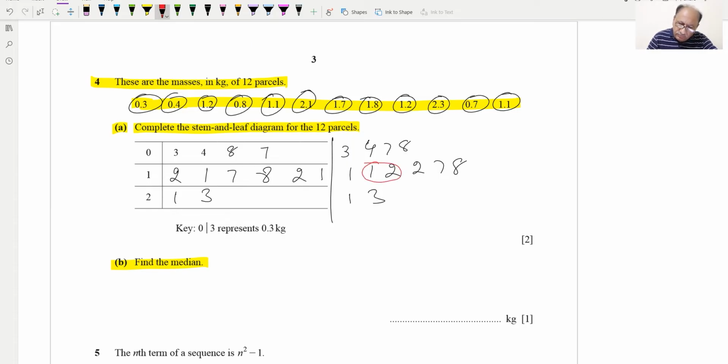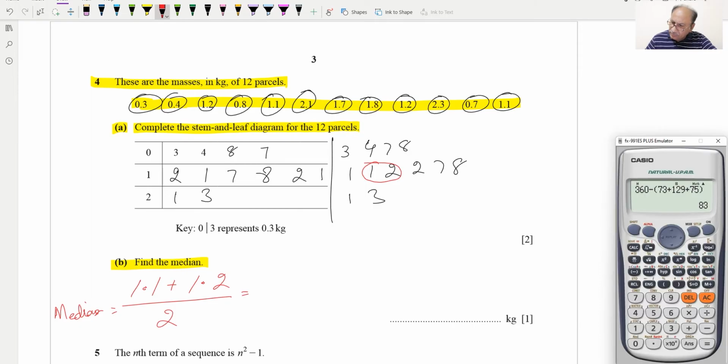These two numbers will be the middle ones. So we can add them, 1.1 plus 1.2. This 1 and 2 means 1.1 and 1.2. So that's why we have written this, and then add and divide by 2. This will be the median. So this will be by calculator.